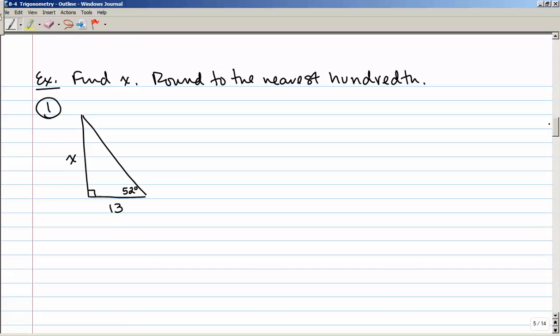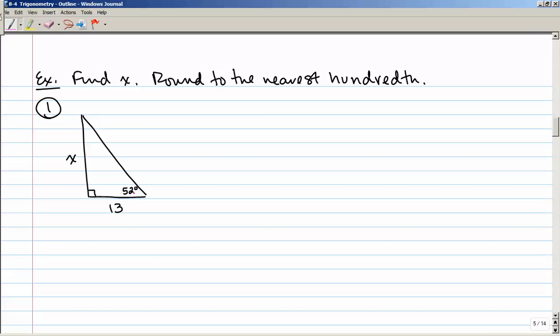So now let's use SOHCAHTOA to find some of the missing measures. Here we have a right triangle. One leg is 13, one leg is x, and the only other angle I know besides the right angle is 52. So this is the angle I'm going to focus on. I need to figure out if I'm going to use the sine, cosine, or tangent of 52 to help me find x.